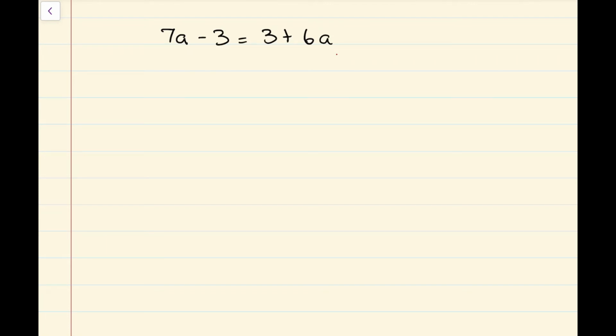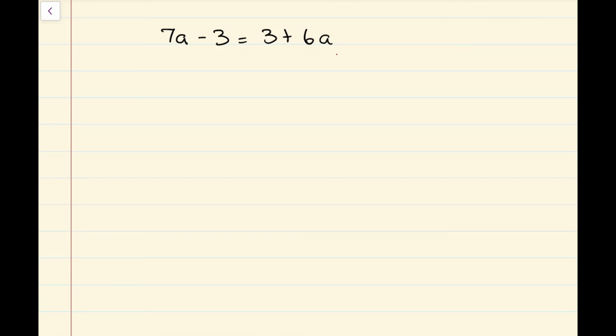Let's bring this 6a over the equal sign with the 7a, and then bring this -3 over the equal sign with this 3. And that's how we're going to solve that one. So one step at a time. To get rid of the 6a on this side of the equal sign, all we would have to do is subtract 6a.